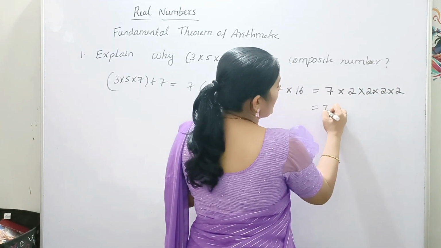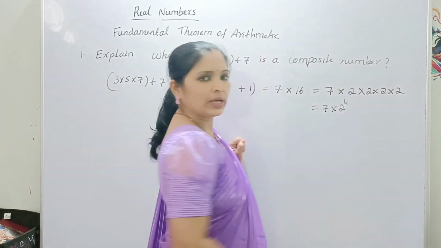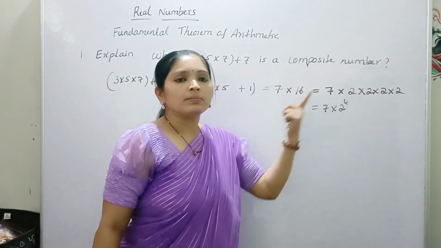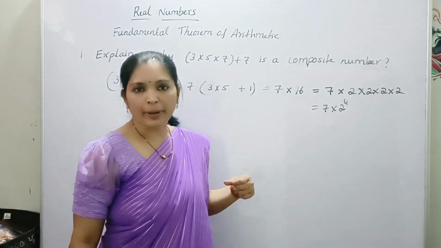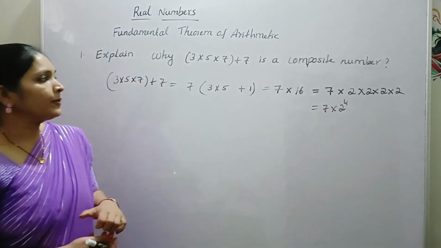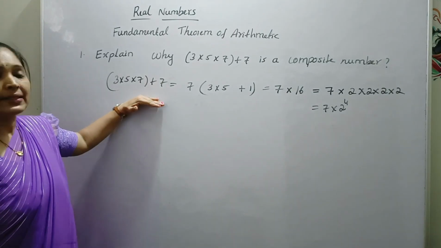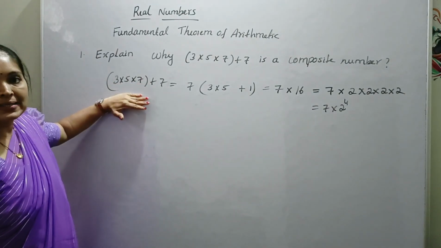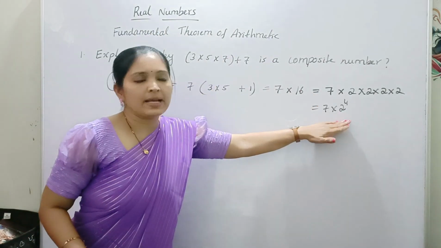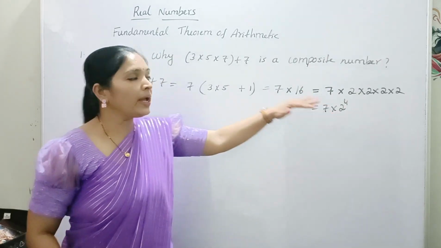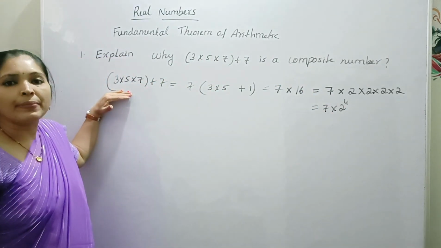2 is a prime number. 7 is a prime number. Right? So here it is clear that this number has factors 7 and 2. Okay? This given number has factors 7 and 2 other than 1 and itself, right?